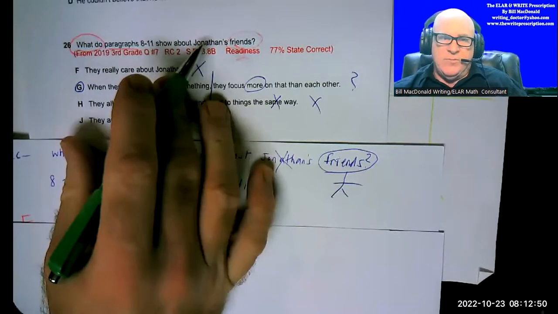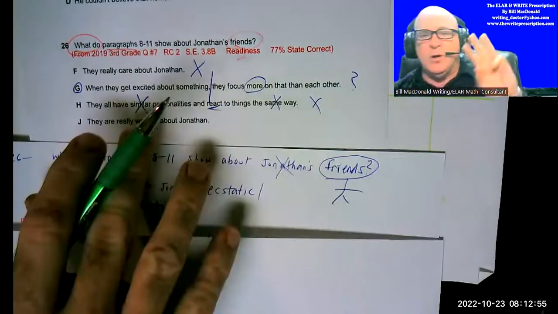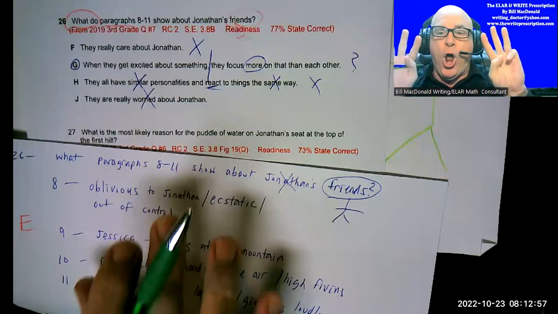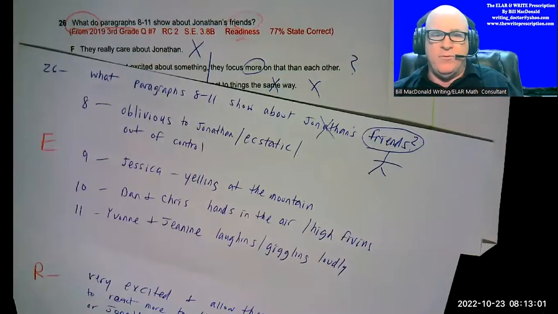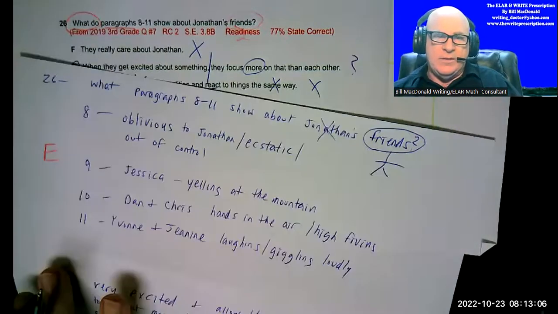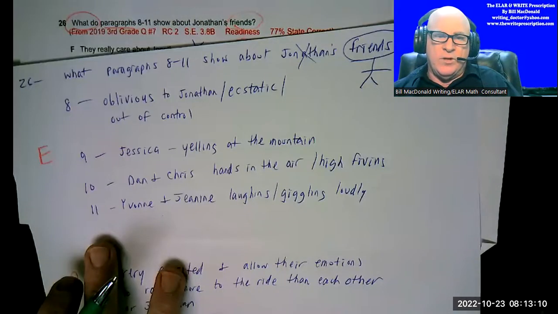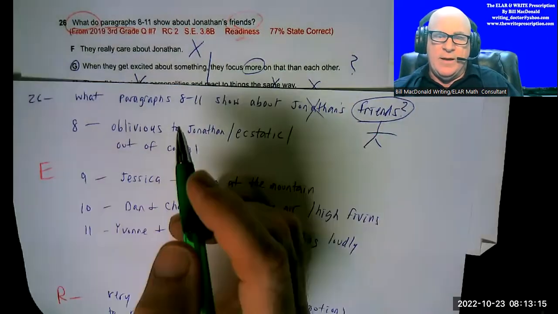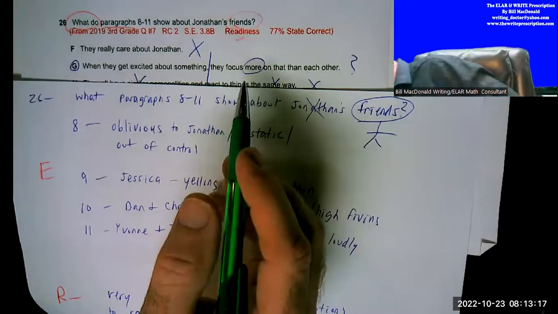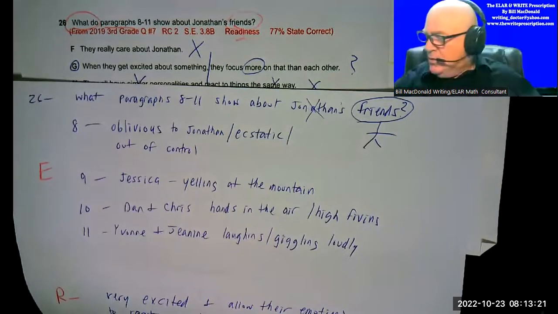So if you feel like you have to say what original words are in the question, and you want to have your kids use a lot of those words, you can say, when Jonathan's friends get really excited about something, they focus more on that than each other. That is the best answer.